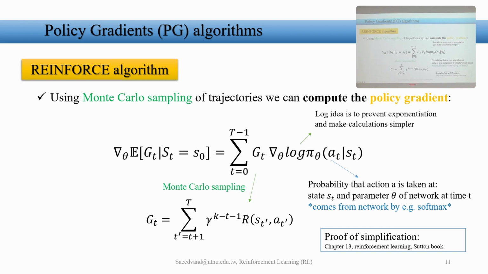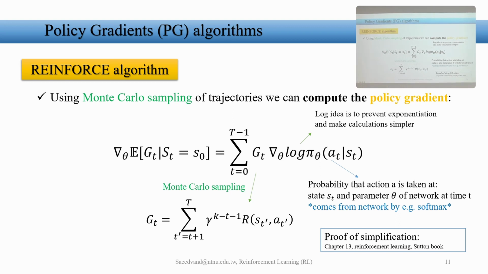So this was the return that we always define as G_t, a couple of times in different algorithms. Then what we do, G_t given by state t, for example at the starting point, is equal to the sum of this return G_t times the gradient of the logarithm of the policy pi that represents state and action.